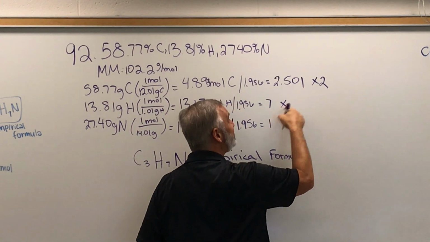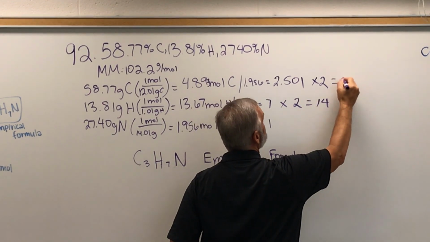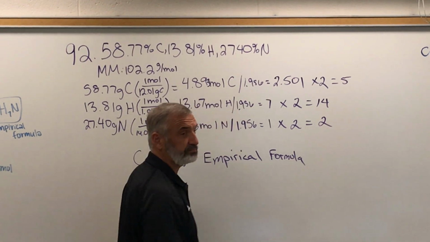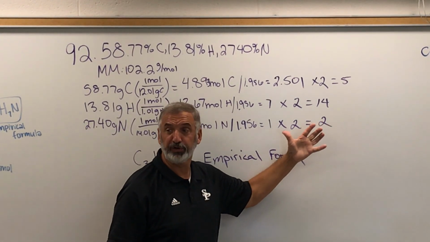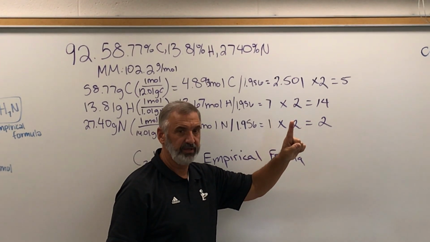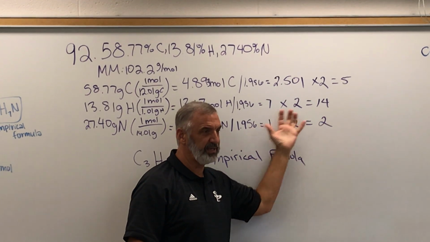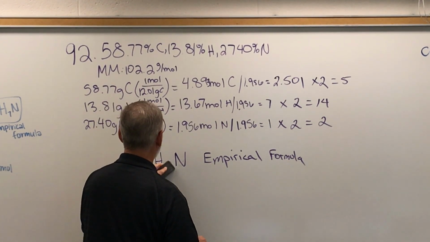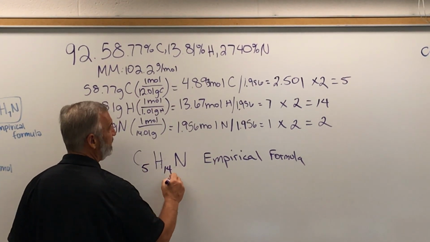But if we multiply that to keep everything in the same ratio, times 2 is equal to 14, 5 times 2 is equal to 2. When this happens, that just means that in the empirical formula, there's not a 1. Everything has some number greater than 1 as far as how many atoms there are. So our empirical formula is actually going to be C5H14N2.